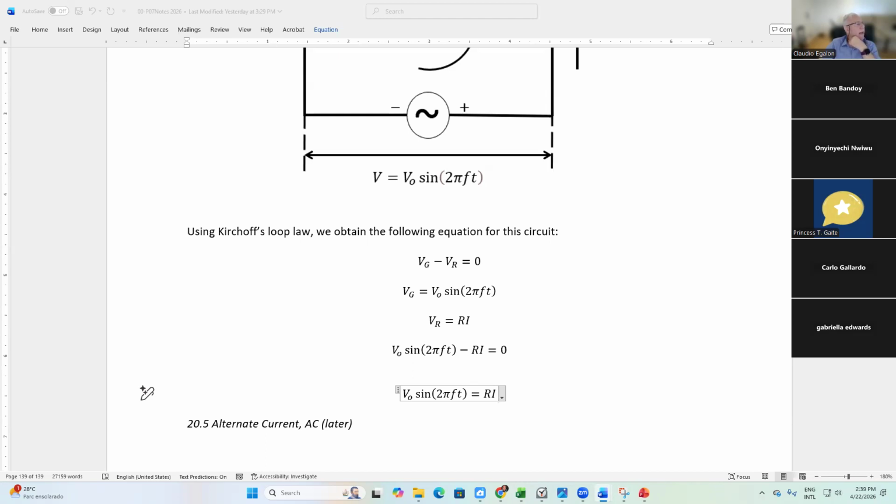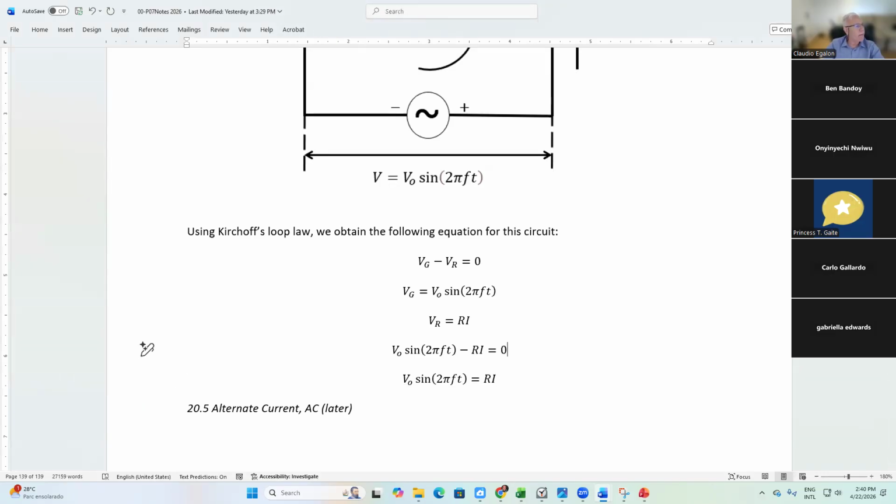There is another way of displaying those equations, and that would be the phasor diagram. It's a very nice graphical way of illustrating what you see here in the equation.